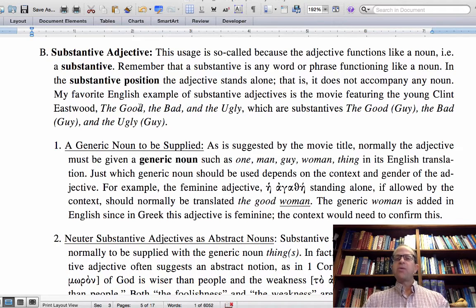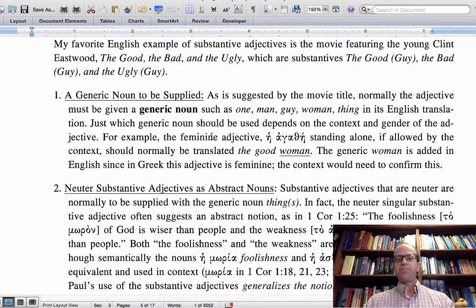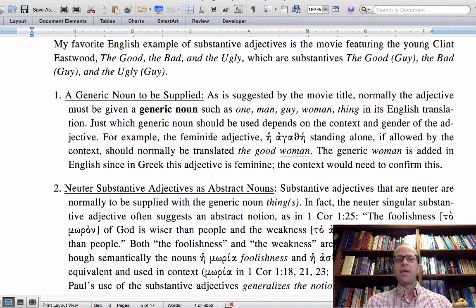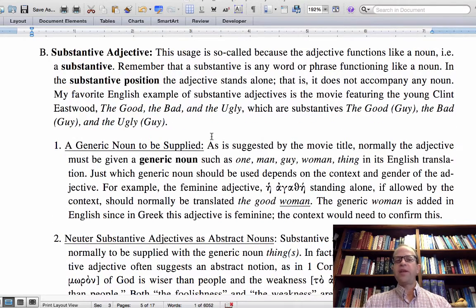Now, what noun can be supplied in English will depend on the gender of the noun form or the adjective form that is created. So usually we supply a generic word or generic noun with the adjective when it's used in this way.